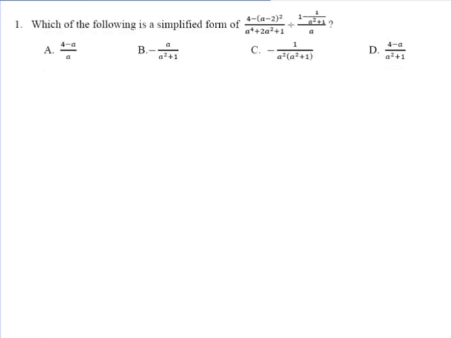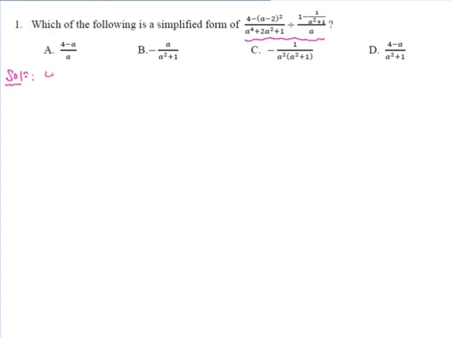The first problem is, which of the following is the simplified form of the given rational expression. Here we have a certain rational expression. Therefore, the question is the simplified form of this rational expression.